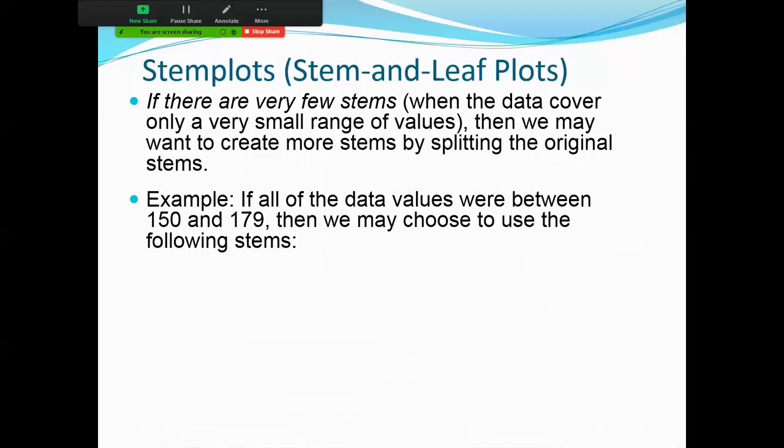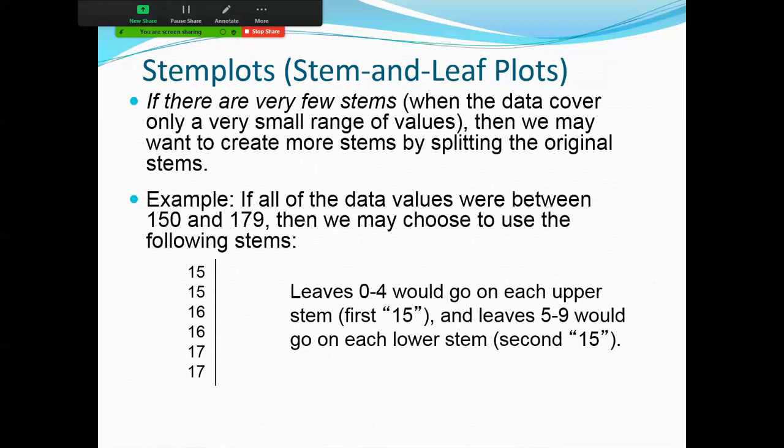Example, if all the data values were between 150 and 179, then we may choose to use the following stems: 15, 15, 16, 16, 17, 17, which actually stands for 150, 160, and 170. Leaves 0 through 4 would go on the upper stem, the first 15, and leaves 5 through 9 would go on the lower stem, the second 15.